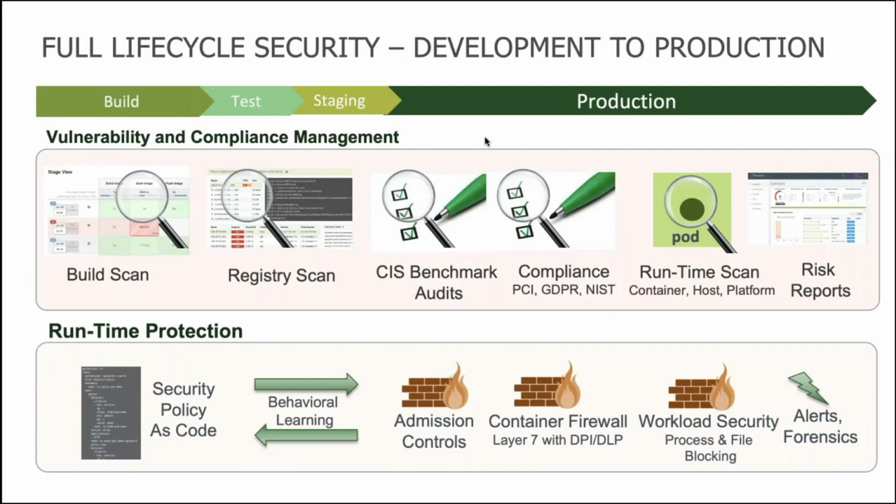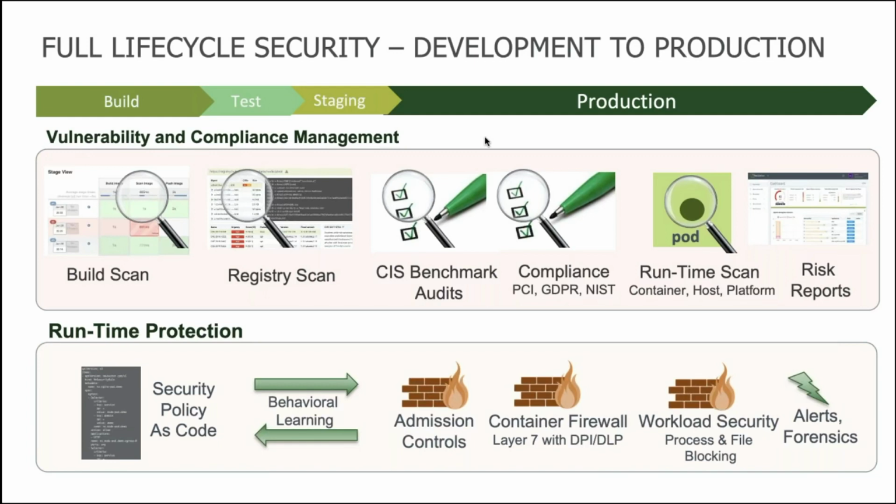So before I dive into egress control in NeuVector, let me talk a little bit about the big picture and the full lifecycle security that NeuVector provides, so that you can get some context. At a high level, NeuVector is going to provide container security that can be automated into your entire lifecycle.